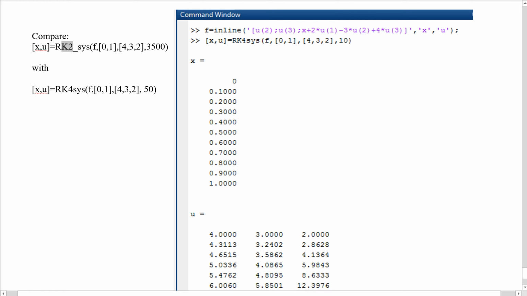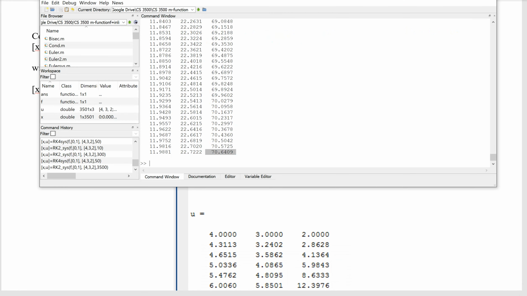Let's see whether it really needs 3,500 to get to that number, 6409. Let's do 500. Would that work? No, you see, 6409 is not that one. Let's do 1500. 6407. You see?